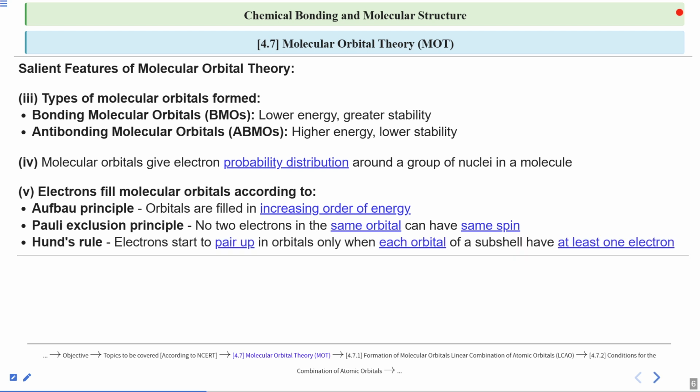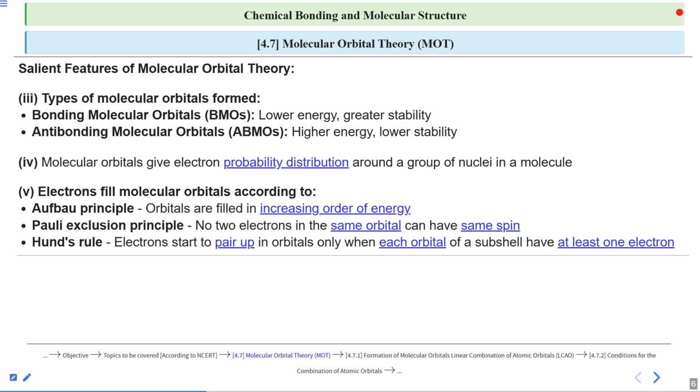And last and the most important one: you will only pair up electrons in molecular orbitals of the same energy after you have put a single electron in each of them. Suppose your 2p is there, right? We have seen in the case of atomic orbitals that first we fill 2px, 2py, 2pz singly, and then we start to pair them up.